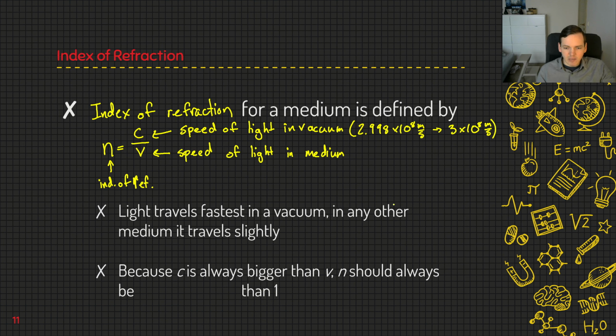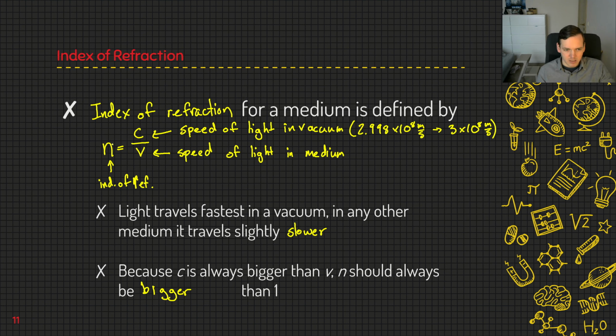So now, light travels fastest in a vacuum. So in any other medium, it travels slightly slower. And so because that c is always going to be bigger than v, n should also always be bigger than 1, because the numerator will always be bigger than the denominator.